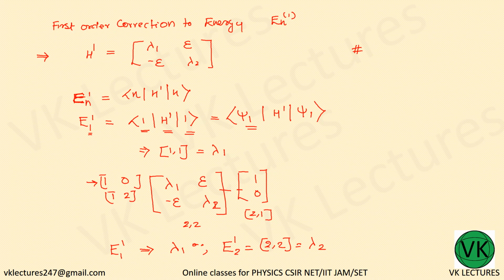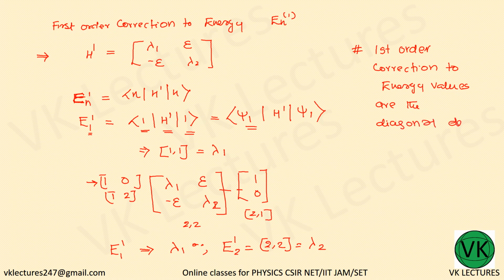The first order correction to energy values are the diagonal elements, in this case 1 comma 1 and 2 comma 2.